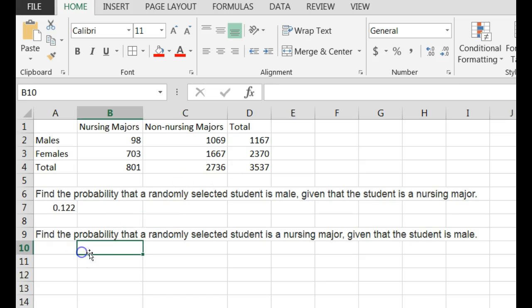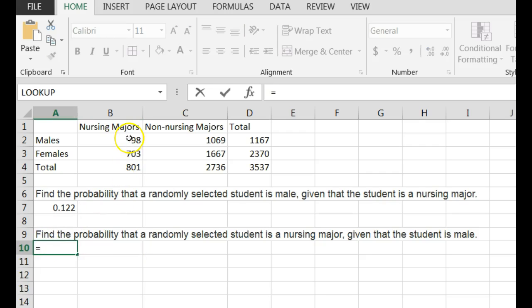So the answer to this one would be still those same 98 males, but here we're dividing it by the males because it was given that the student was male. So the total number of males, 1167.